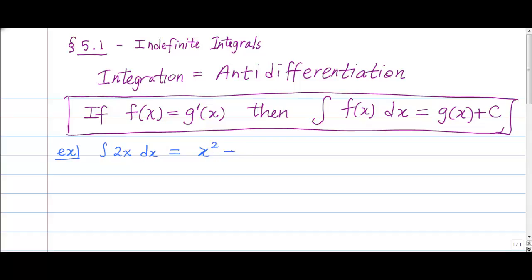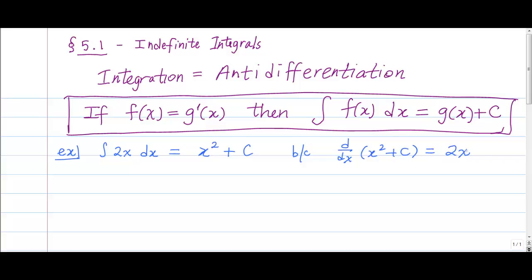But x squared plus 3 also gives me 2x, x squared plus 10 also gives me 2x, the derivative of x squared plus pi also gives me 2x, so any constant c. Here we call c a constant, okay? Why is this? Because the derivative of x squared plus c is 2x.